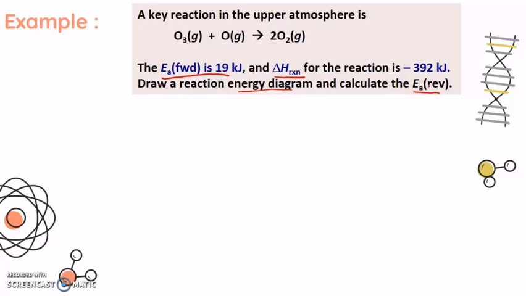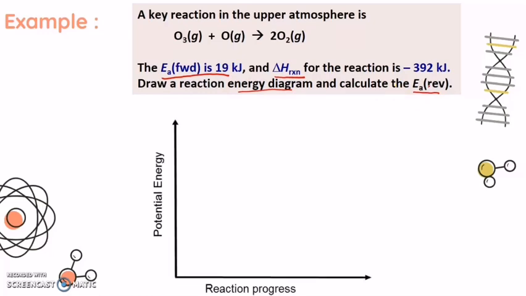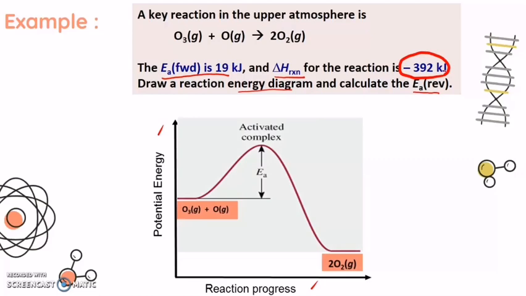First thing you have to do is draw the axes, which is potential energy as the y-axis and reaction progress as the x-axis. From the delta H given, we can deduce that this reaction is exothermic, so we have this kind of curve, where the enthalpy of product is lower than the enthalpy of reactant.